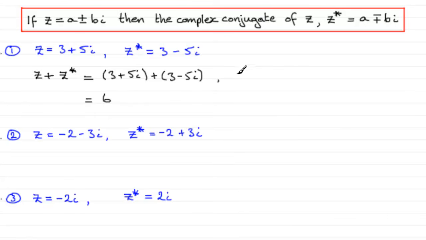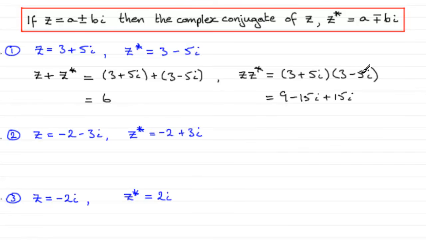And if you were to multiply the two complex conjugate pairs together, z multiplied by the complex conjugate of z, we end up with doing 3 plus 5i in this example multiplied by 3 minus 5i. And if you expand this, you've got 3 times 3, which is 9. Then you've got 3 times minus 5i, which is minus 15i. 5i times 3, which is plus 15i.